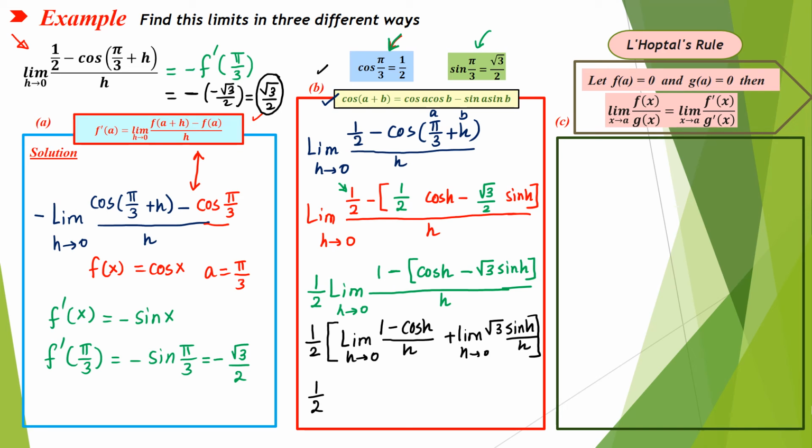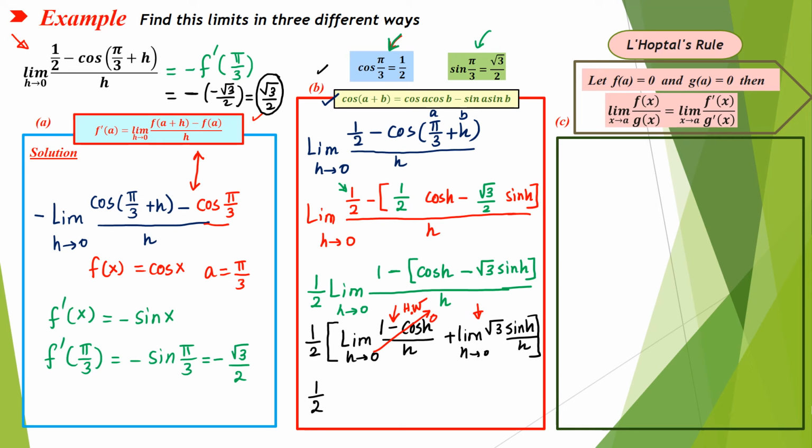And as you know from previous examples, the limit of 1 minus cosine h over h equals 0 by using the conjugate technique. So this limit equals 0. This is homework for my students. And we have the second limit, the limit of square root of 3 sine h over h, and sine h over h equals 1.